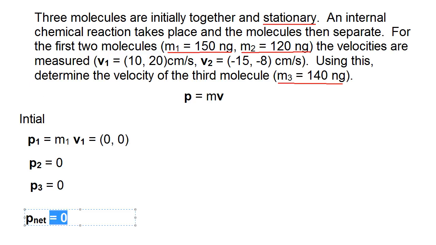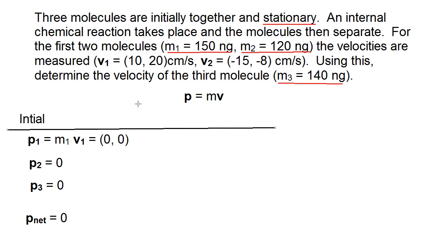Now, you might ask, well, how does this help me solve this problem? Well, at the end of the day, we're asked to find the velocity of the third molecule. If momentum is a conserved quantity, because there are no external forces present, whether we're dealing with the initial or the final case, this momentum should not change.